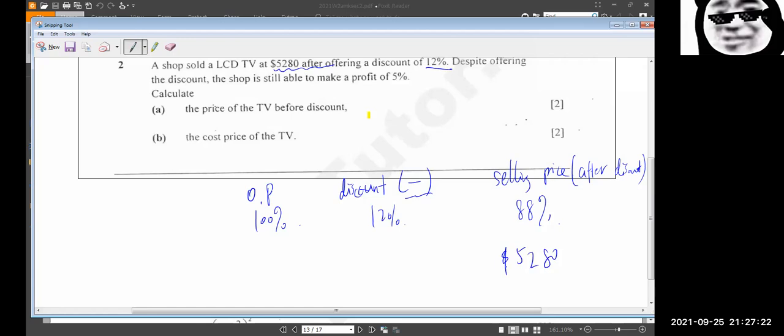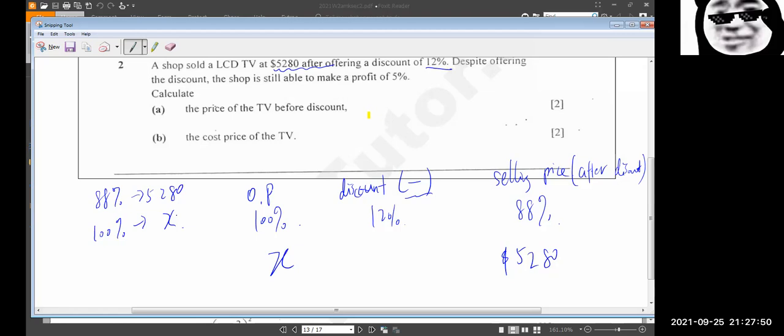Now the price of the TV before discount should be here. Then you just write down 88% is 5280. So 100% is how much? Let me just quickly use my calculator.